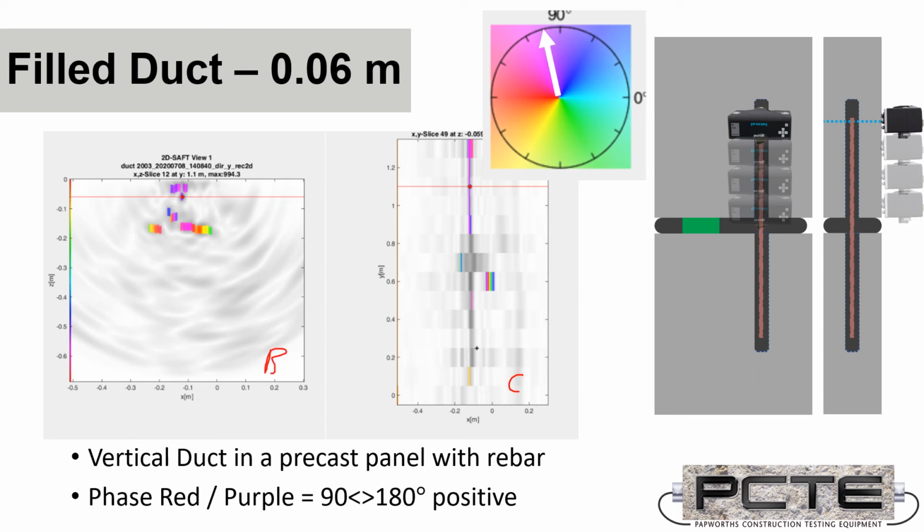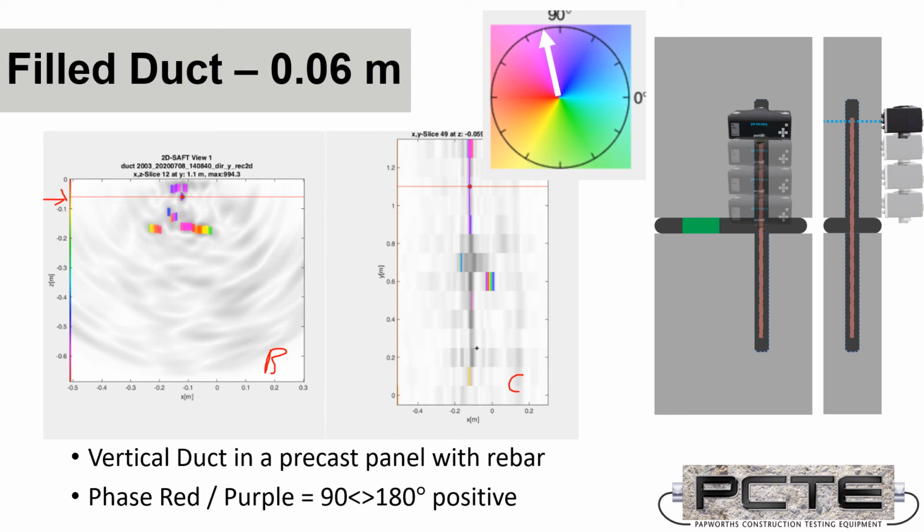This red line shows the depth of 60 mil, into which the C-scan is a top-down presentation, or sort of into the surface of our wall panel.